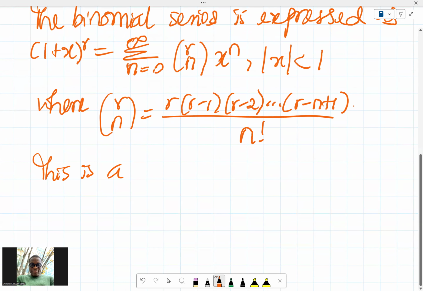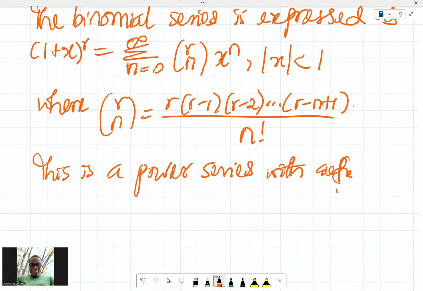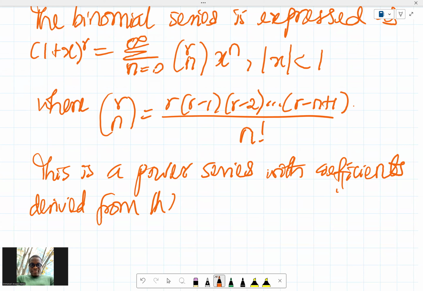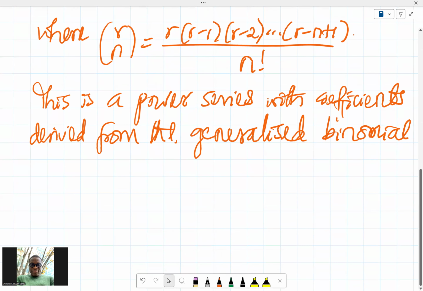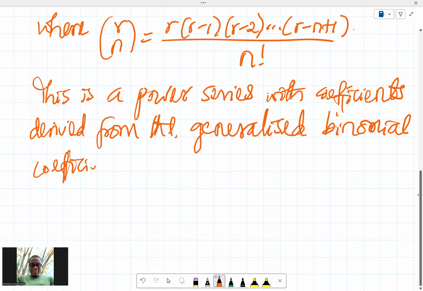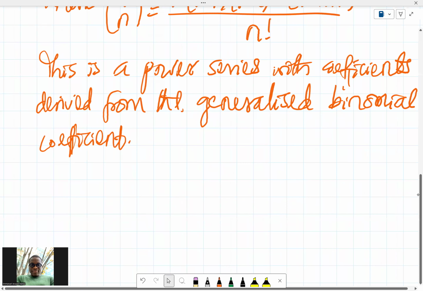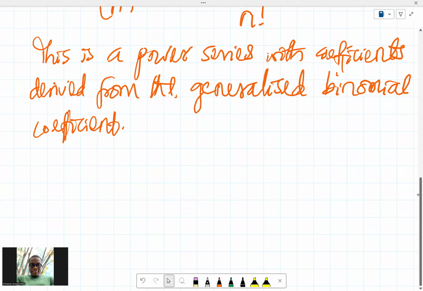This is as good as a power series with coefficients derived from the generalized binomial coefficient. So, we can have this kind of example.